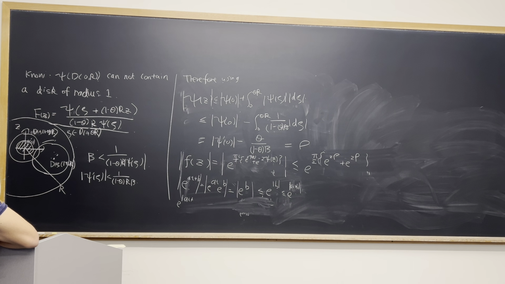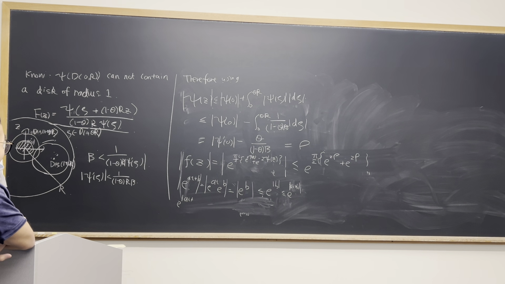So the right hand side depends only on rho, right? So it depends on minus e1 zeta. Okay, so this theta is what?